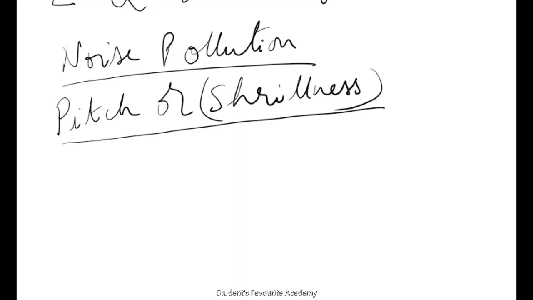Pitch is considered only in reference to the musical sounds. As I told you, this is most often used with reference to musical sound. Each musical note has a definite pitch.